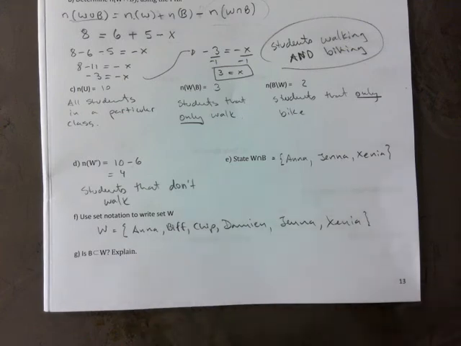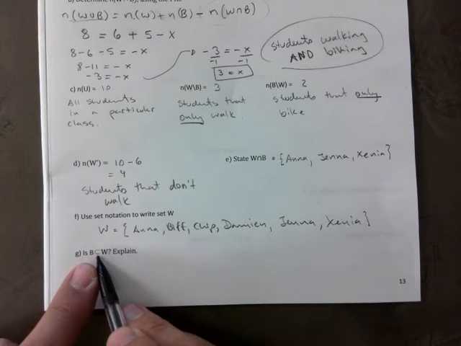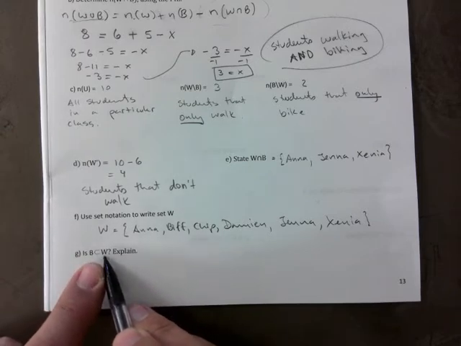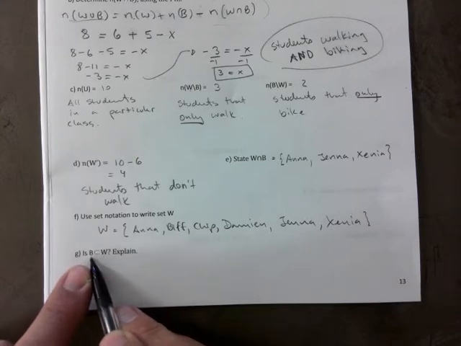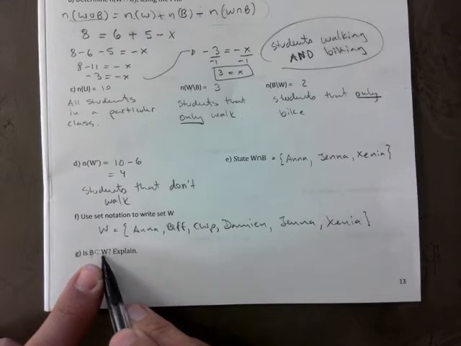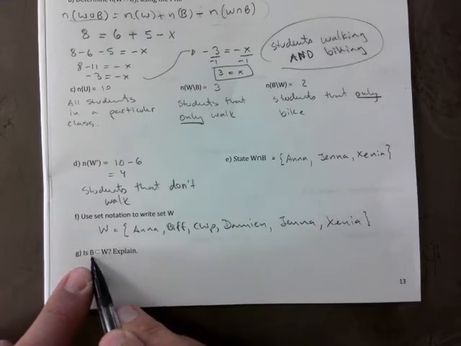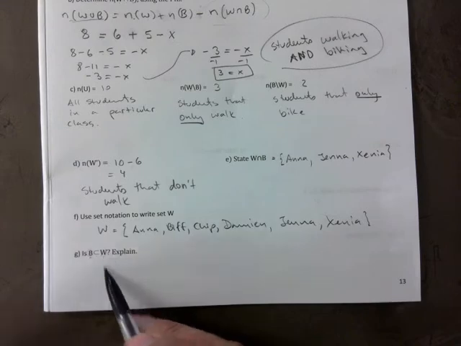And then I'm asking, is set B a subset of W? Another way of looking at it is, are all the elements that you use to create B also found in W? It's almost like, is B an offspring of W in a sense?